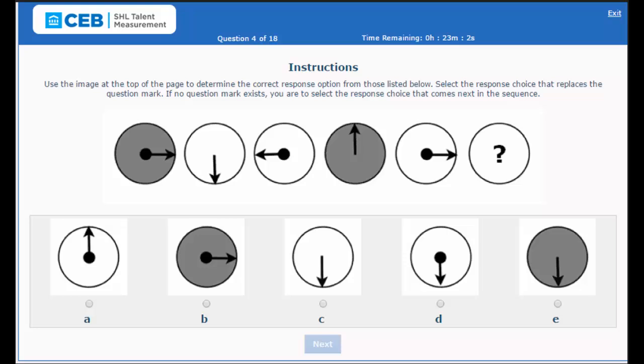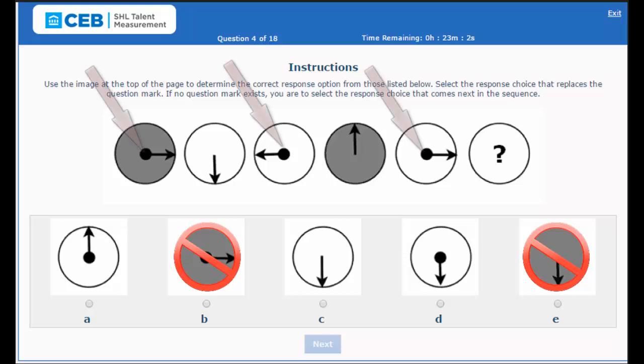Therefore, the possible correct alternatives that we can select are alternative A, C or D. Now let's move on to the next obvious pattern, the appearance of the black circle or the black dot at the center of each circle. Now the pattern, as we see by simply observing the sequence, is that in every second frame the black dot appears in the center of the circle.